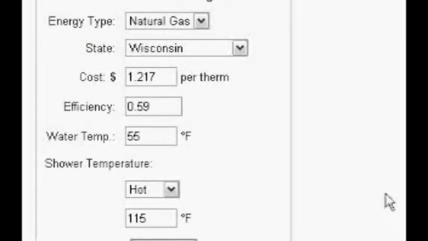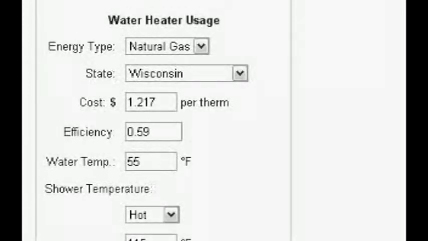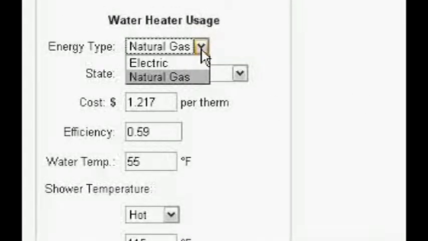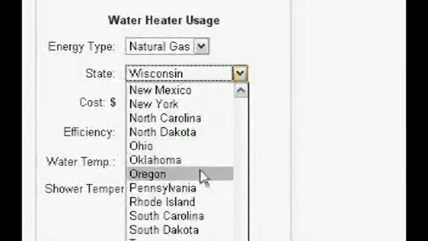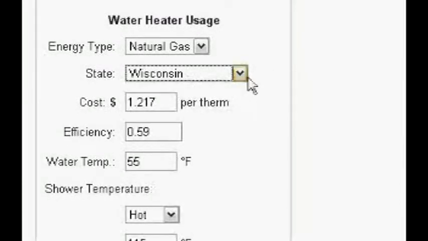So energy type, let's scroll up here a little. Energy type, water heater usage. Energy type, natural gas. You can choose electric, natural gas, Wisconsin, you can choose whatever state you're in. This has already been pre-configured for your state.